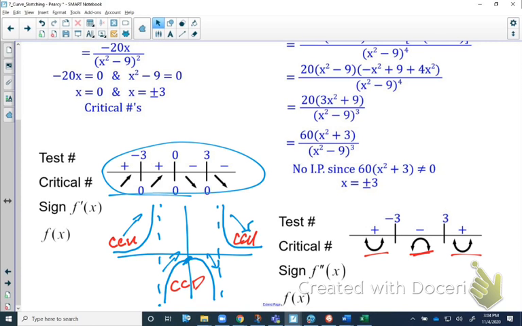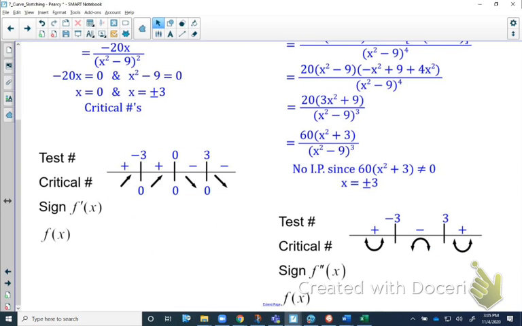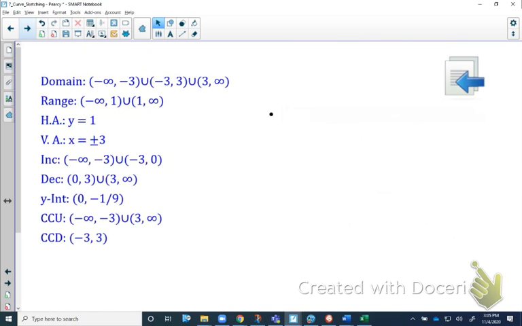So you should have an idea of what the sketch should look like, because it's a rational function, and we've all studied rational functions already. I was able to do all that without any calculus, but the calculus is just confirming what I suspected from what I know about rational functions and how to graph them.